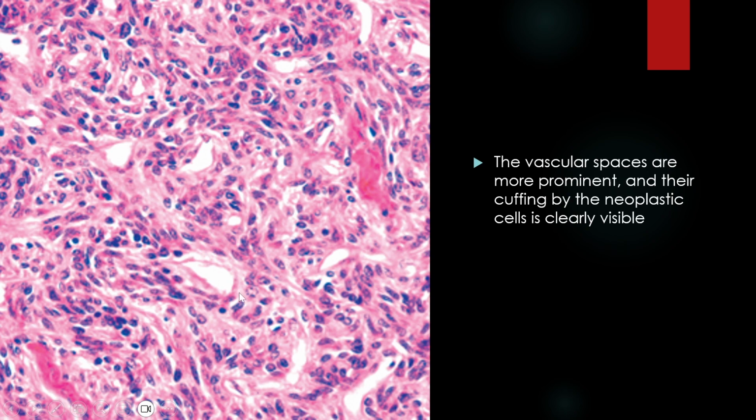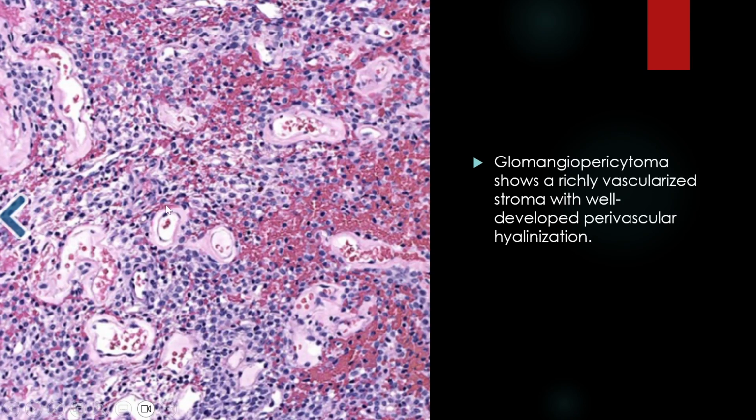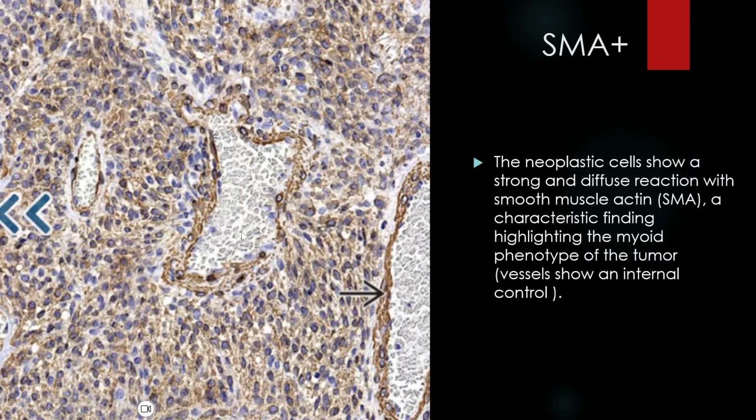It shows you the vessel with this monotonous spindle, some oval looking cells, hyaline blood vessel kind of characteristic, and then immunostaining SMA positive in this monotonous cell. Of course, glomus tumor, you will also find the same immunostaining.